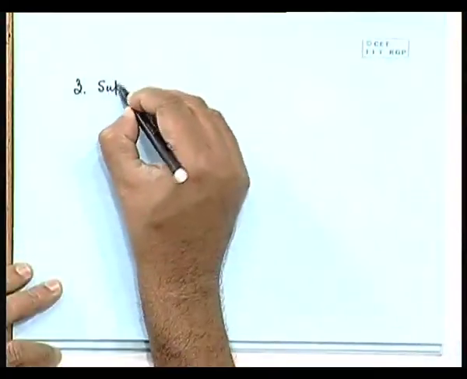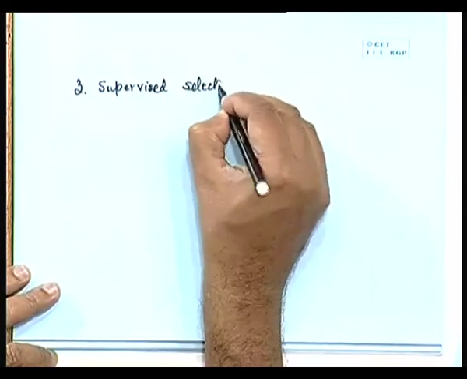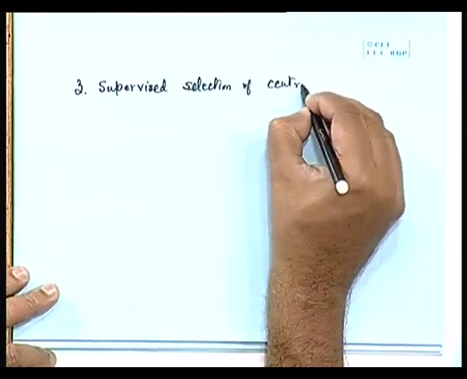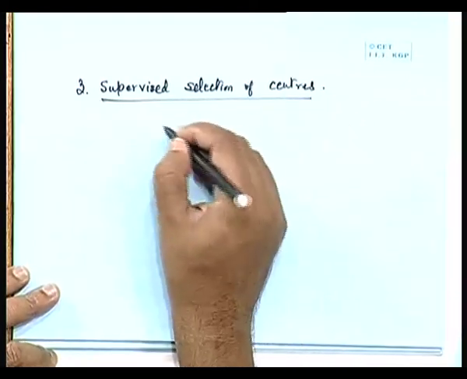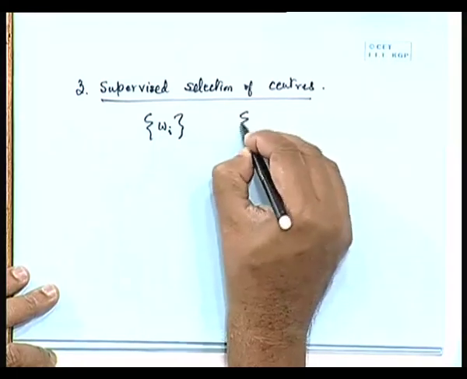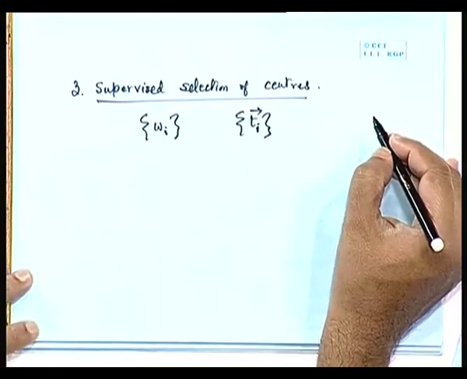So we now come to a third methodology, a supervised selection of centers. This is the third alternative process to learning. In this case, it is not only the WIs but also the TIs which will go through a supervised learning process.